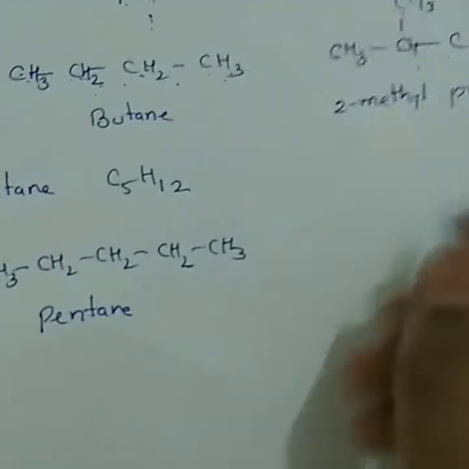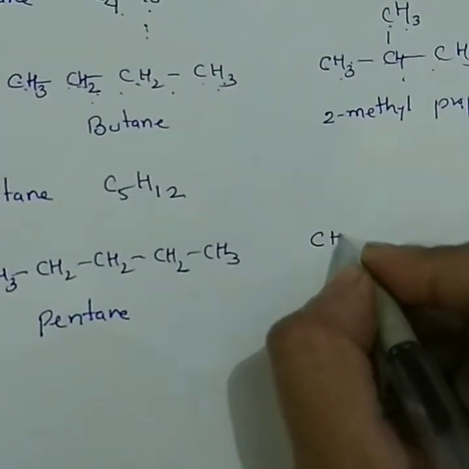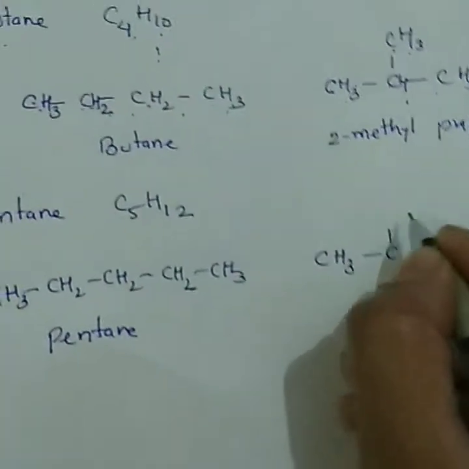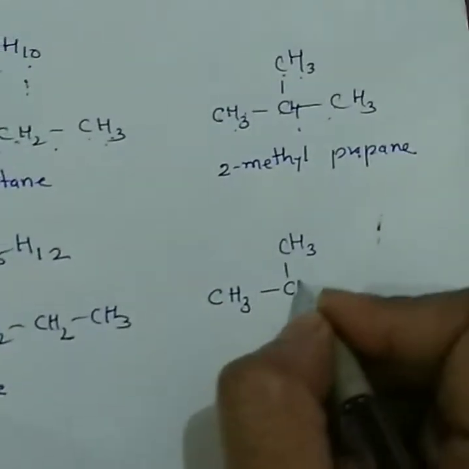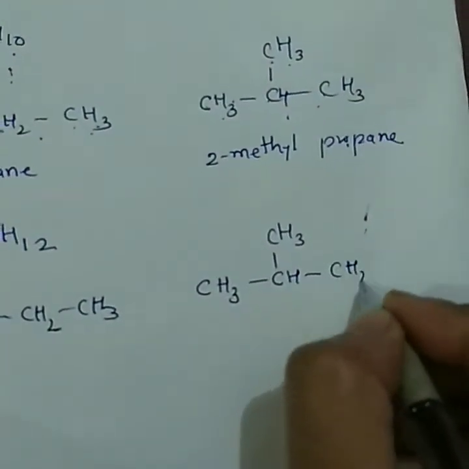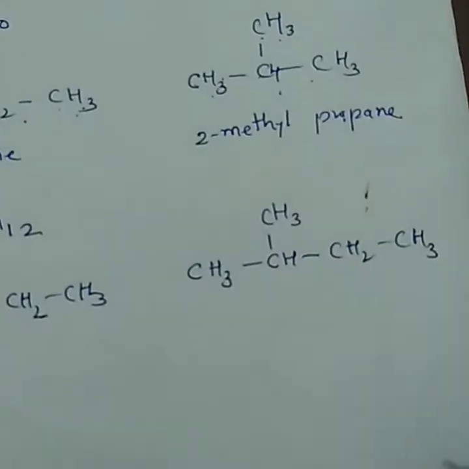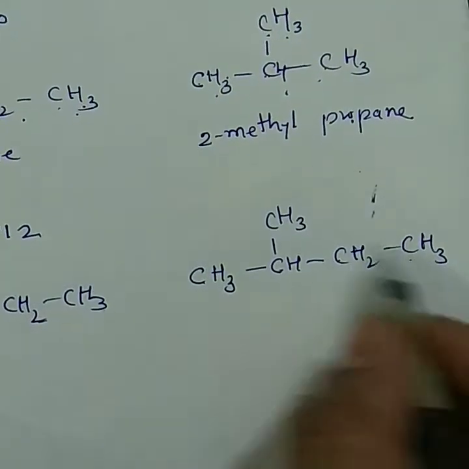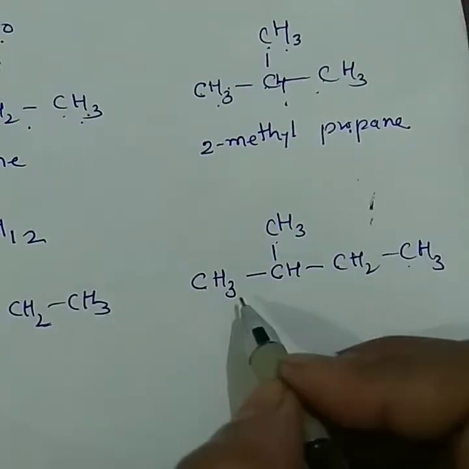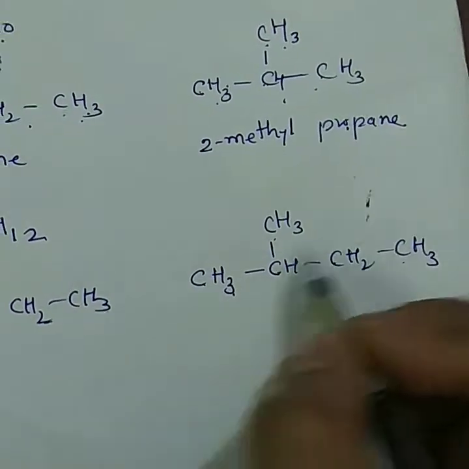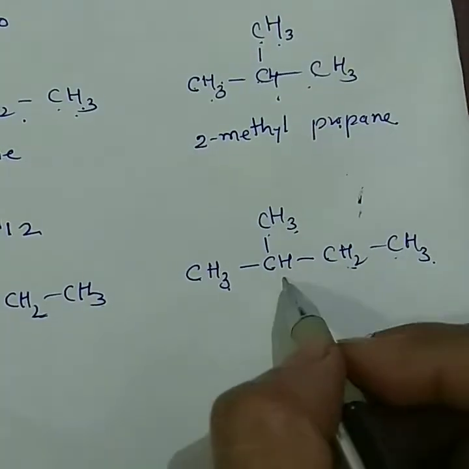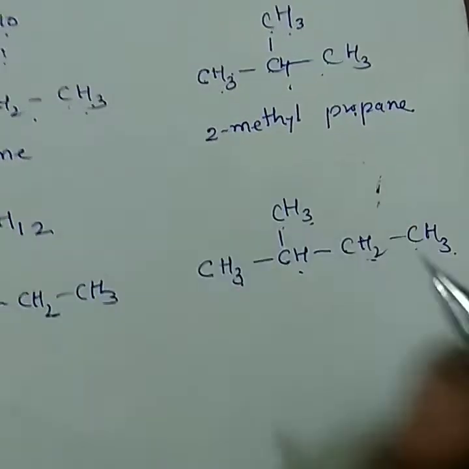Now I am taking a long chain with 4 carbons: CH3, C, CH3, H, CH2, CH3. Now count the number of carbons: 1, 2, 3, 4, 5. This is satisfied. 12 hydrogens should be there. 3, 3, 6 plus 9 plus 3, 12. 12 hydrogens, so this is also correct.